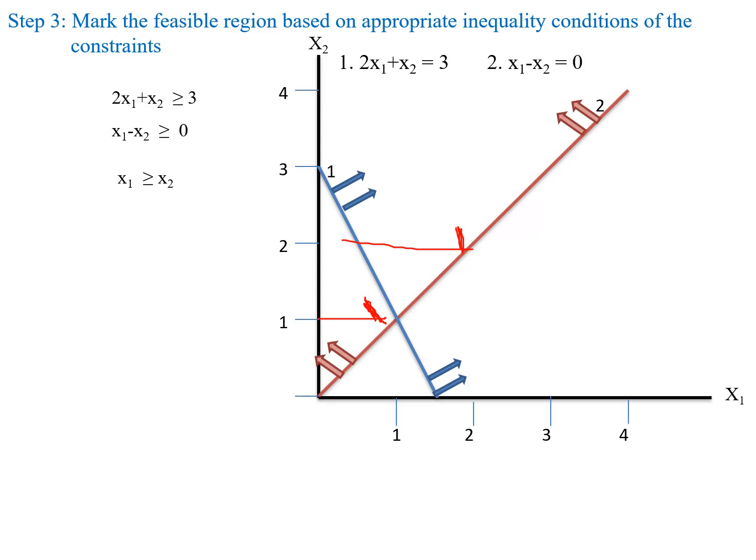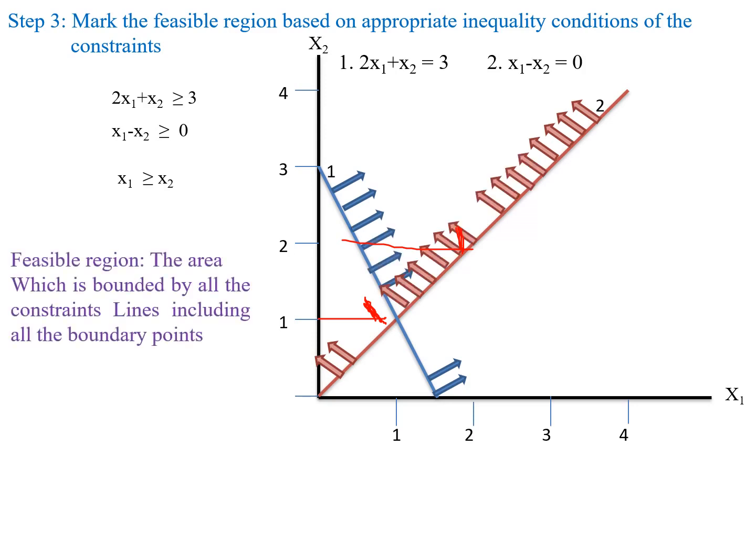So next we have to find the feasible region. The feasible region is the area bounded by all the constraint lines, which means the common area for all the constraints. Here this is the feasible region, and also observe that this feasible region has an infinite area.